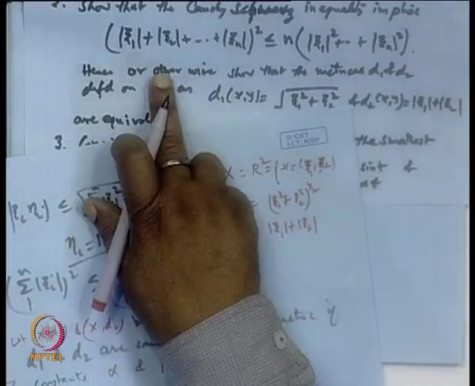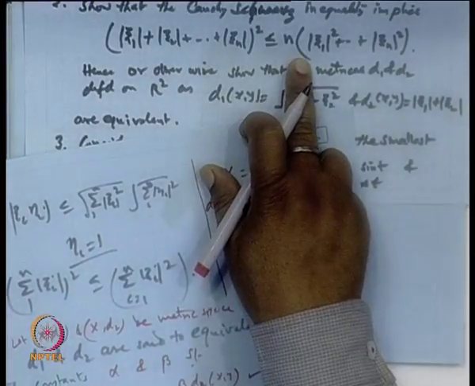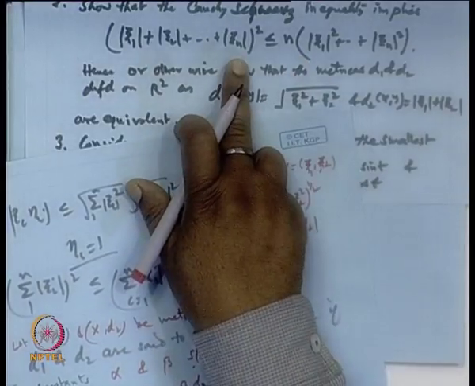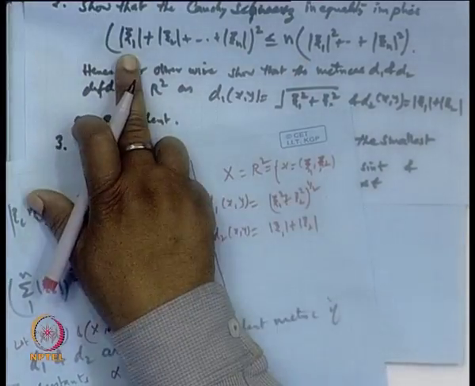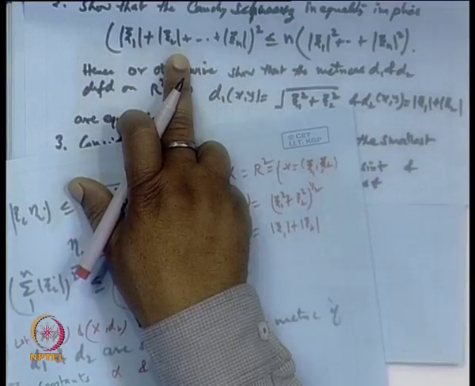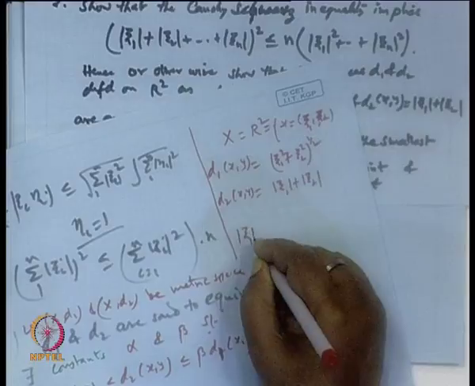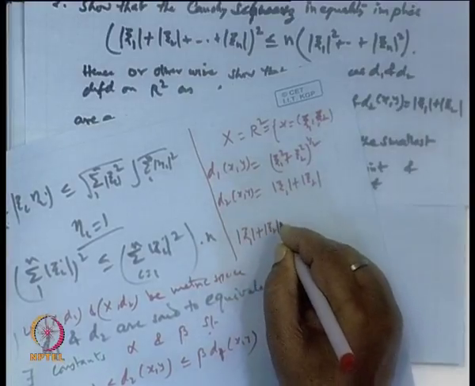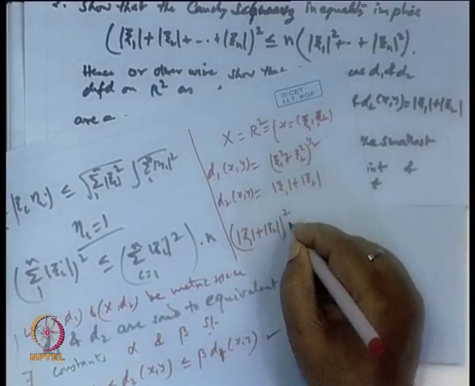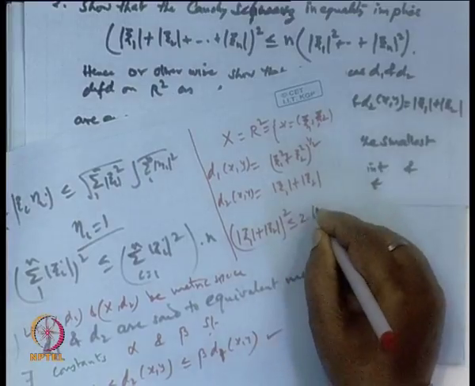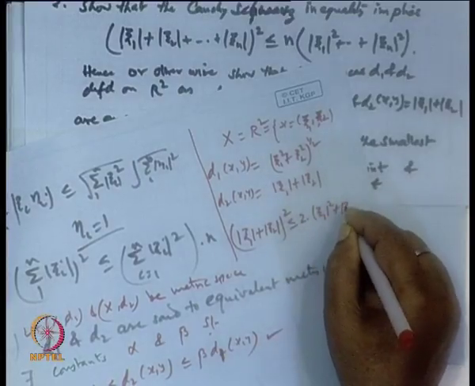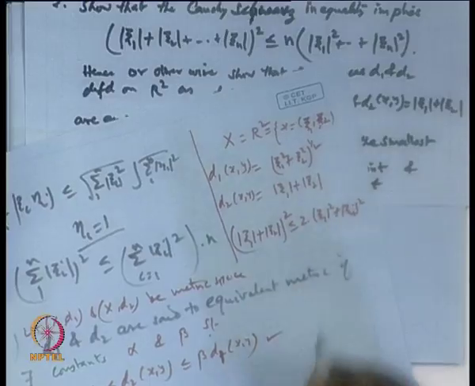Now, by the previous result, Cauchy's inequality, if I take n equal to 2, what we get is (mod xi1 plus mod xi2) square is less than or equal to 2 times (mod xi1 square plus mod xi2 square), is it not?